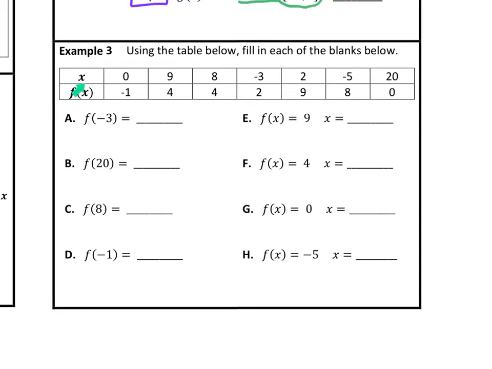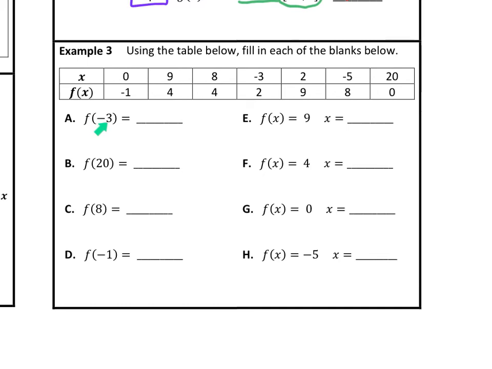And so notice I have x values, I have y values. And I can write these as a coordinate, right? 9, 4, or 8, 4, or 2, 9. So these are points.